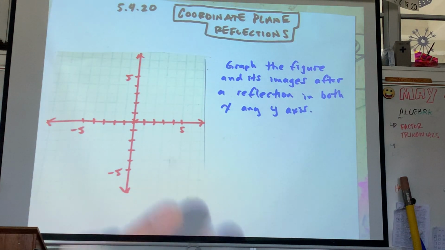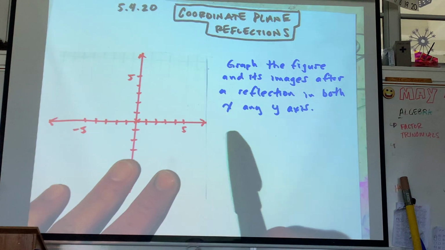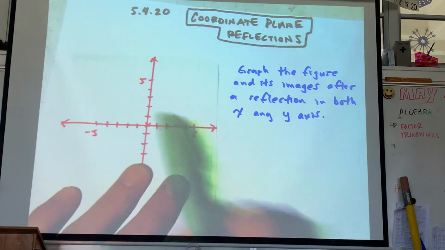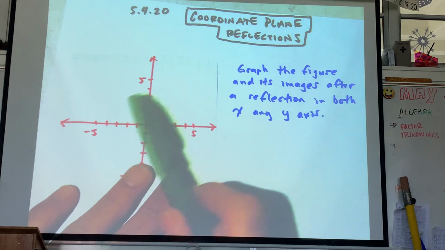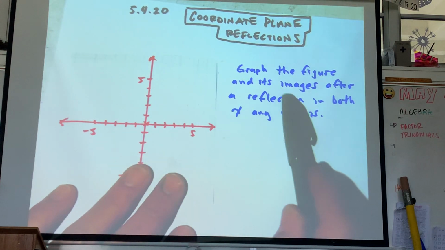Okay, so this is what this means. It means that I'm going to give you 3 coordinates. It's going to be a triangle. We're going to graph that. All right, that's the pre-image. After we reflect it, those are the images.